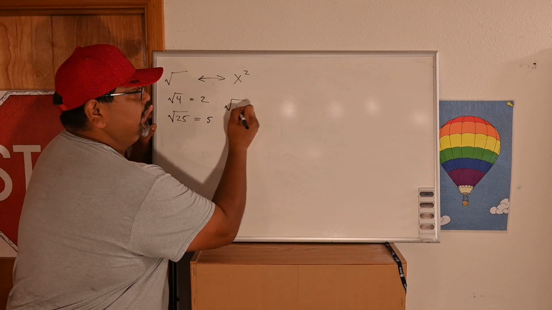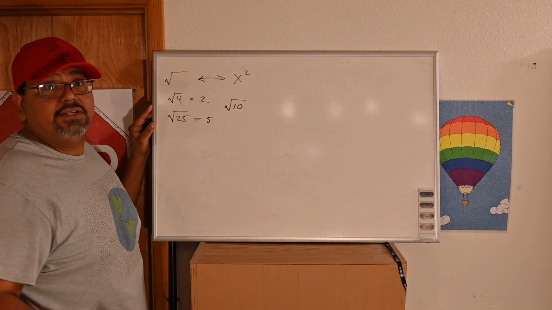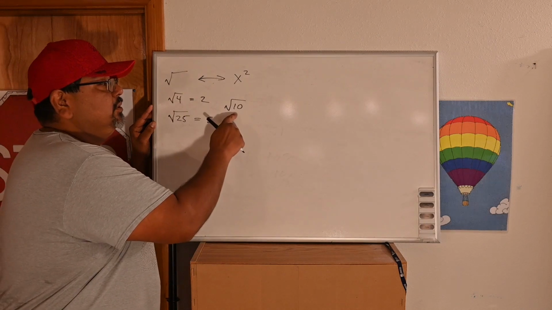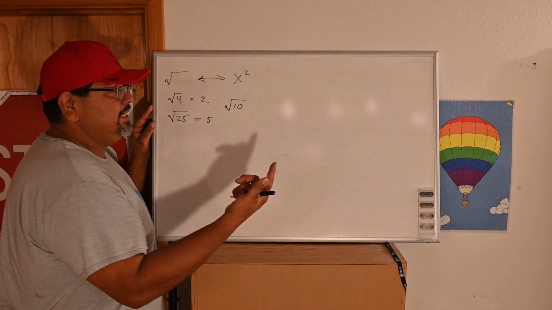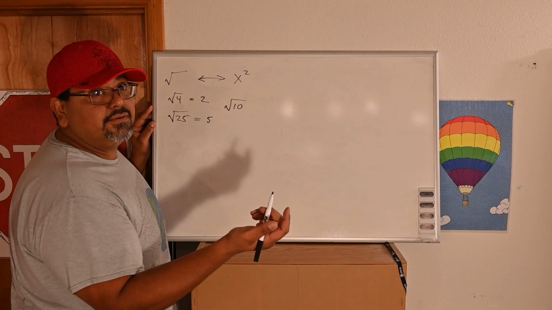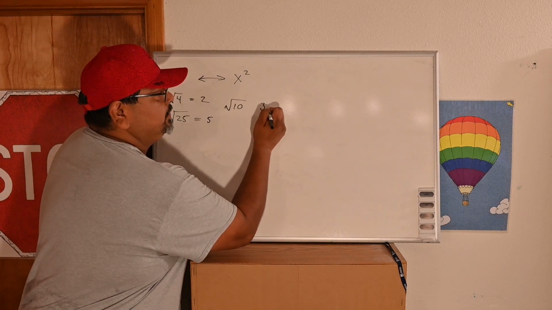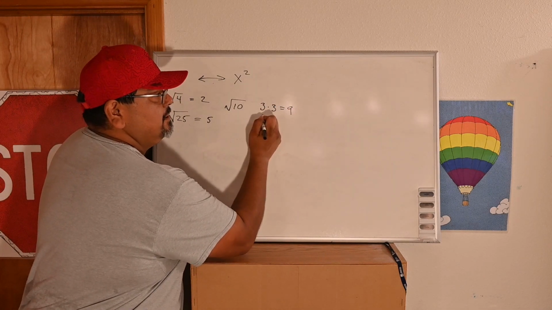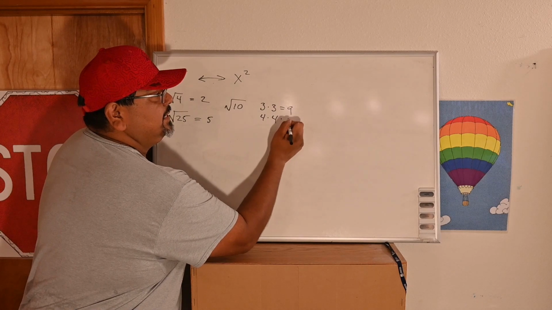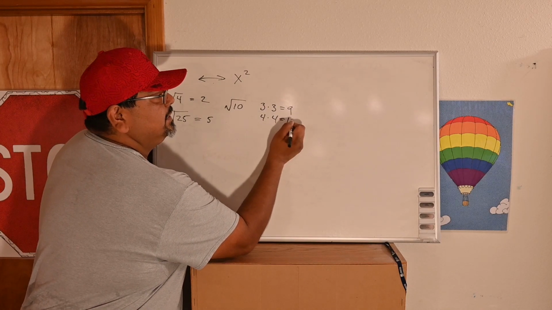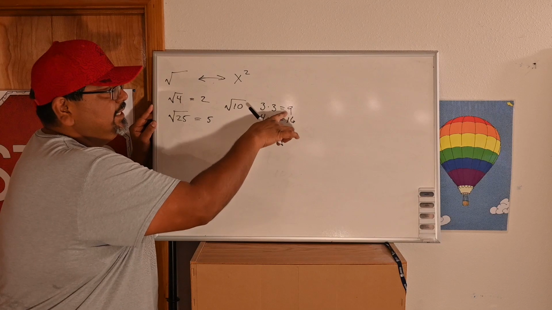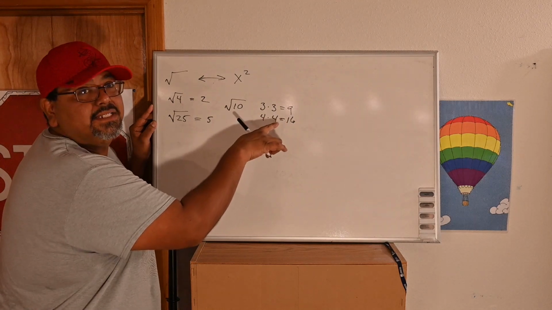So what if we're looking for the square root of 10? Is there a number that multiplied by itself gets you 10? Well, we can easily look for that. If we look at 3 times 3, that's 9. 4 times 4 is 16. So 10 is somewhere in between there. So no, it does not.